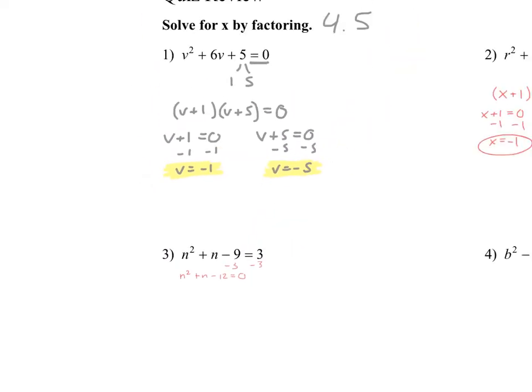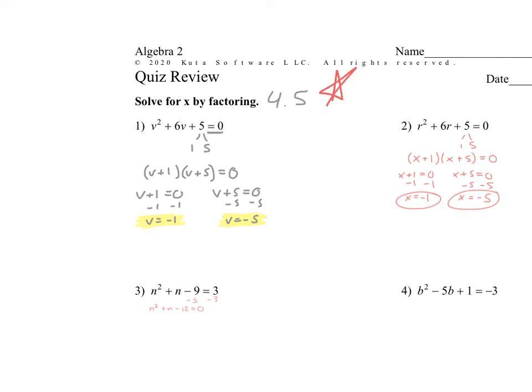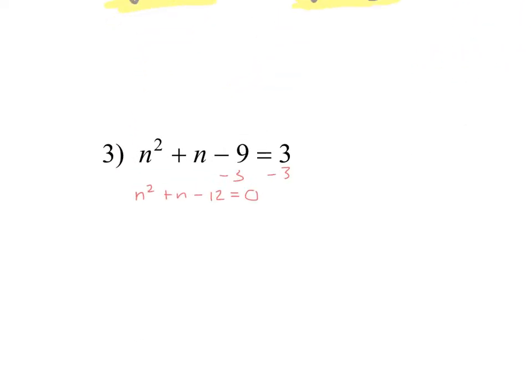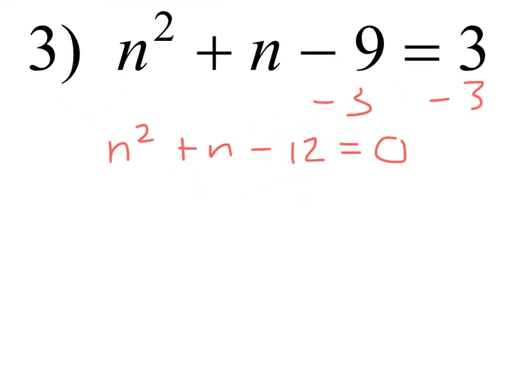Remember, in this first section, we need everything to be equal to 0. So now we need 2 factors of -12 that give us a positive 1.